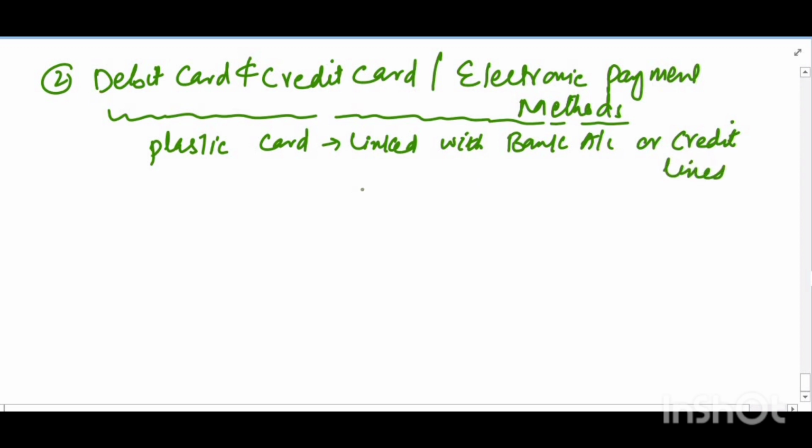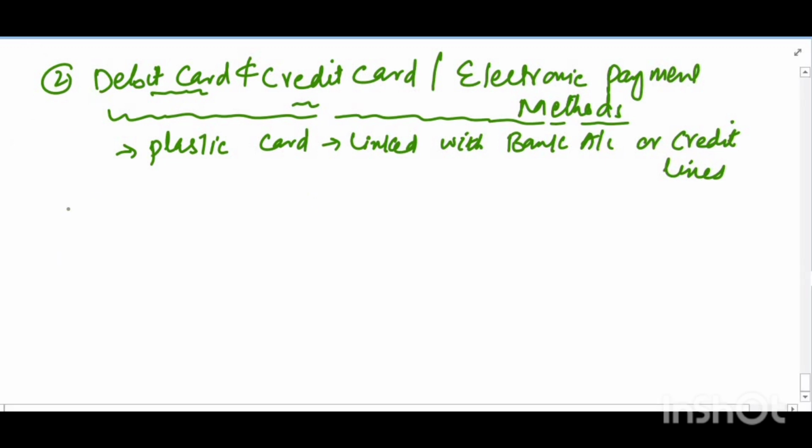We call that a credit card or debit card. And if you are paying through this debit card or credit card, the plastic card, then we call that the electronic payment method. Clear?